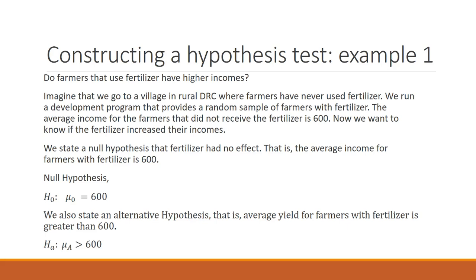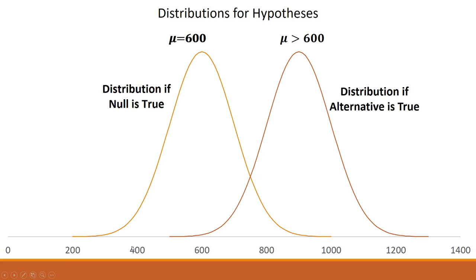And we're going to assume that they both have a particular distribution with a particular mean. Now, I don't know the true mean of the sampling distribution of the mean, but I can look at distributions of the sample mean as if the hypotheses were true. So let's look at that.